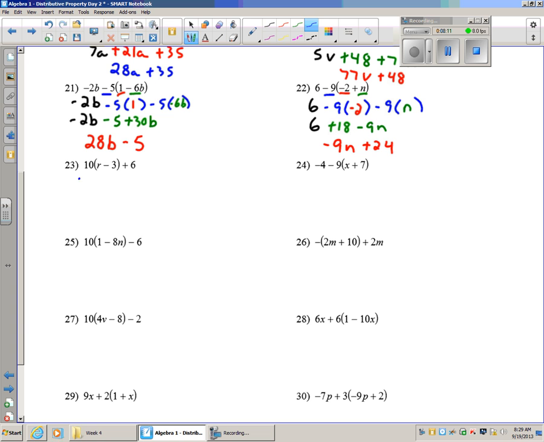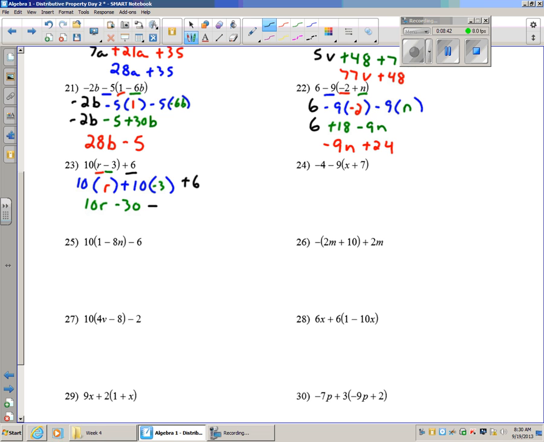Number 23. You have 10 being distributed to two different things. And you have the positive 6 that just drops down. R is the first term, and negative 3 is the second term. 10 times R is 10R, and 10 times negative 3 is negative 30.